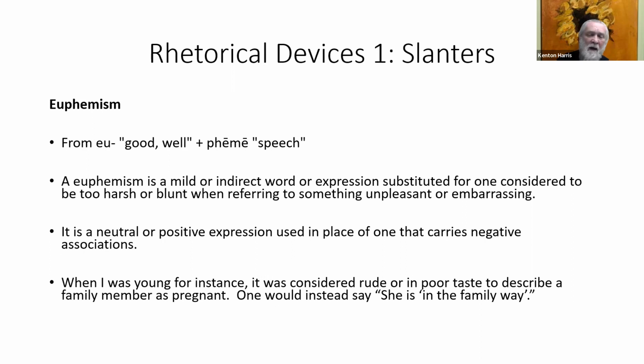We see it in words like euphoria, or euthanasia, which would be a happy death. It's a word we use to avoid saying something that might be harsher or thought to be disagreeable.